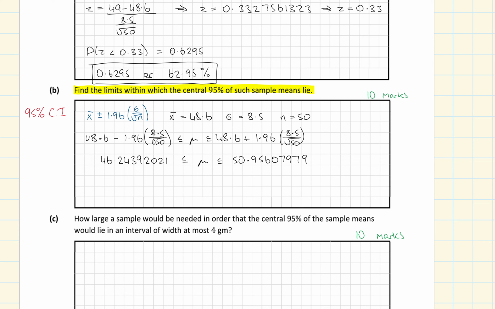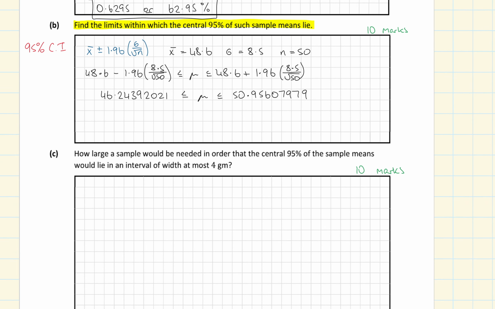Okay, so we're going to round to 2 decimals now, as that's what we were given in the question. And we'll have 46.24 will be less than or equal to your average, less than or equal to 50.96. So there's your 95% confidence interval for the mean. That's part B answered for 10 marks.